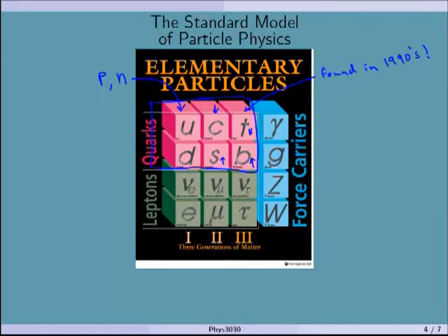Okay, so those are the 6 quarks. And then over here you have the force carriers. So we've got the 2 kinds of weak carriers, the Z boson and the W plus and minus. The gluon, which is the interaction for quarks, and then the photon, which is the interactor for the electromagnetic interaction.